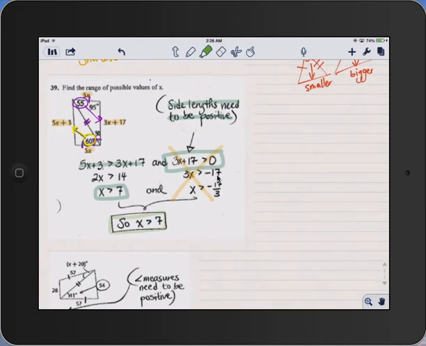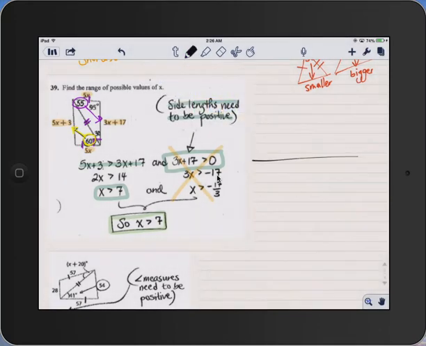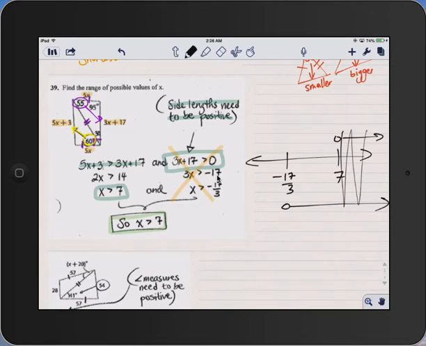So this ends up being your answer in the end anyway. Now if you go ahead and write that inequality, you just graph it and say, okay, here's negative 17 thirds, here's 7, I need numbers bigger than 7, I need numbers bigger than negative 17 thirds. Where do they overlap? It's everything over here, so it's numbers bigger than 7.